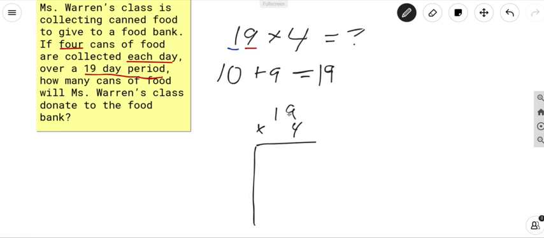Okay, so what I'm going to do first is start here, and I'm going to do 4 times the 9. So 4 times that 9. And then I'm going to do 4 times the 10.